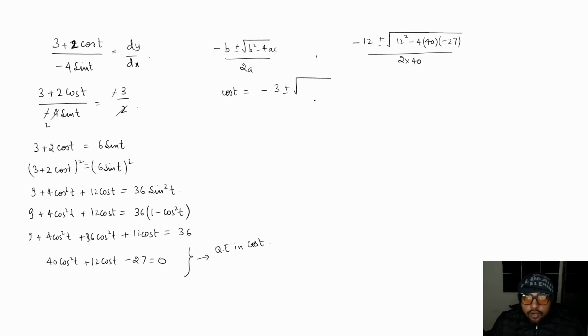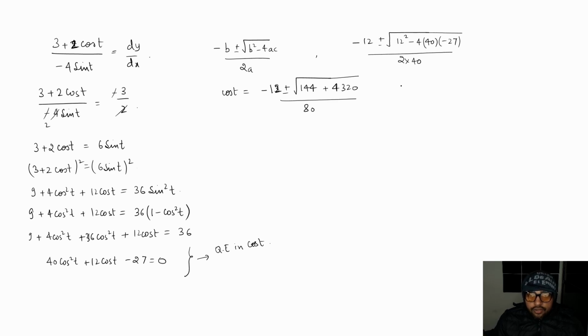Okay, so on solving this part, we'll be getting particular values here, students. Negative 12 itself, plus or minus the square root of 144 plus 4 cross 40 cross 27, which is 4320, upon 80.